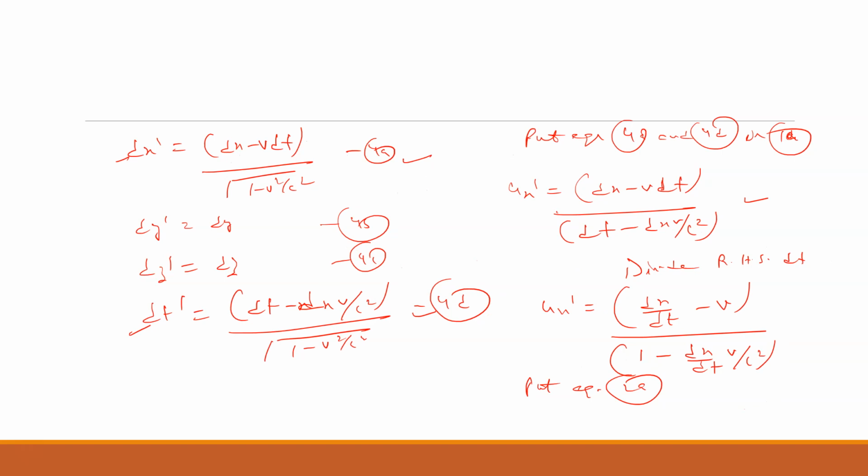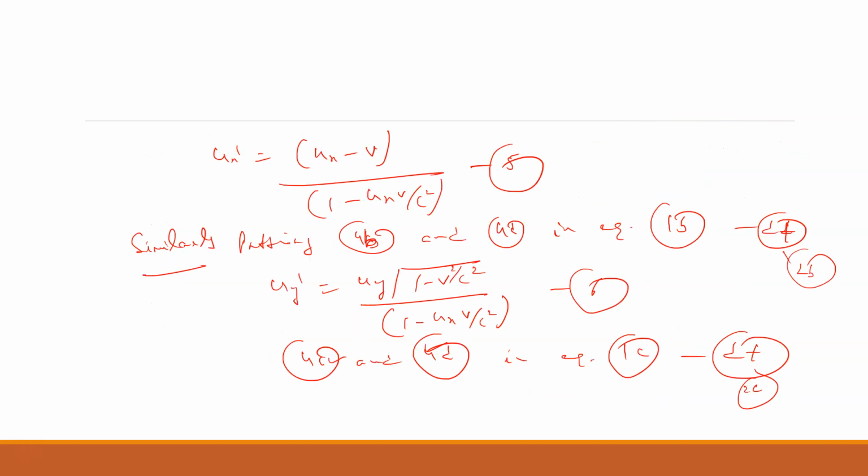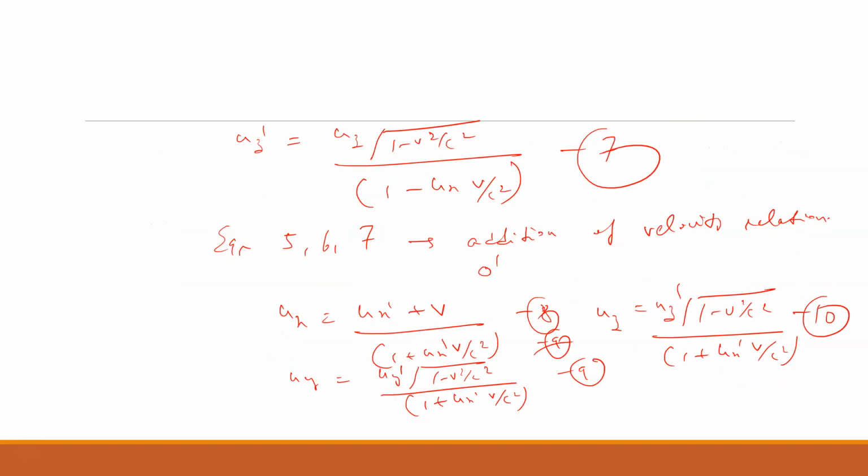You have put 4a and 4d in 1a; now if you want to derive these results, you have to put 3a and 3d in 2a. The results will be the same, only the sign changes. Here there is a minus sign, but here is a positive sign. That is due to direction, because if this frame is moving along this direction according to this observer, then according to this observer, this frame is moving along the opposite direction.